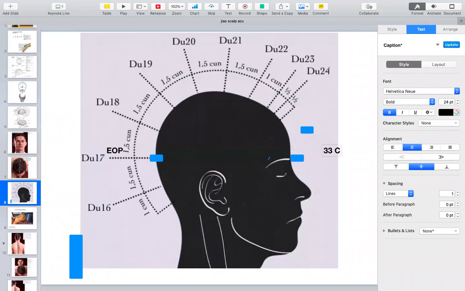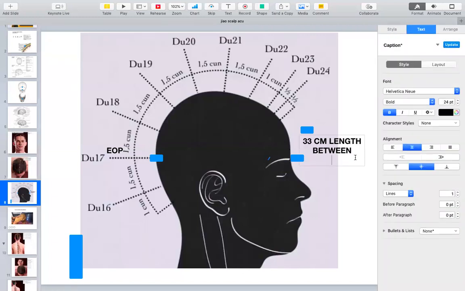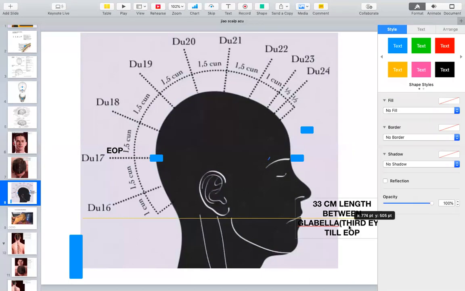So we are telling 33 centimeter length between the glabella, the third eye, till the EOP. This is the total length of this line.